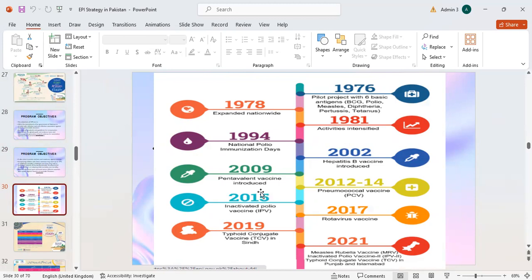In 2009, pentavalent vaccine introduced. In 2012 to 14, pneumococcal vaccine, and in 2015, inactivated polio vaccine IPV. In 2017, rotavirus vaccine. In 2019, typhoid conjugate vaccine TCV in Sindh. And in 2021, measles rubella vaccine MRV, inactivated polio vaccine IPV, and typhoid conjugate vaccine TCV in Punjab and Islamabad.